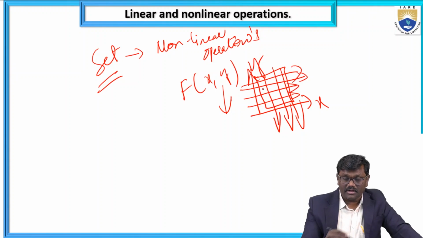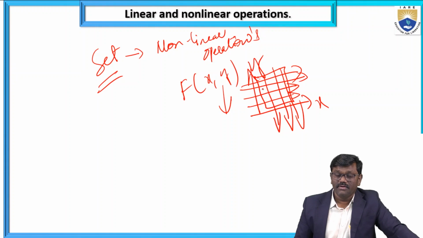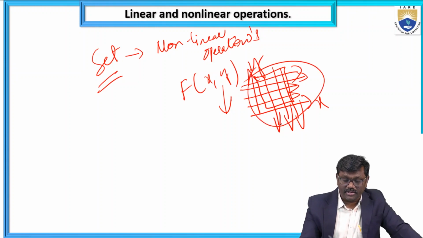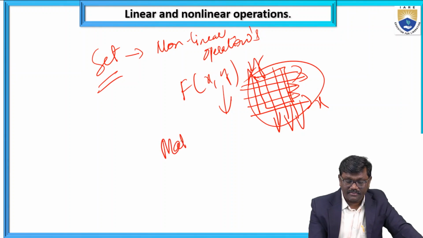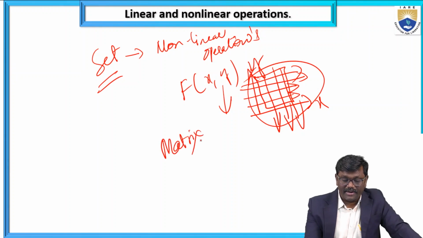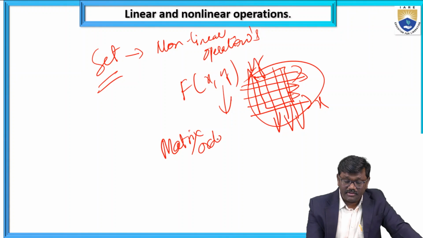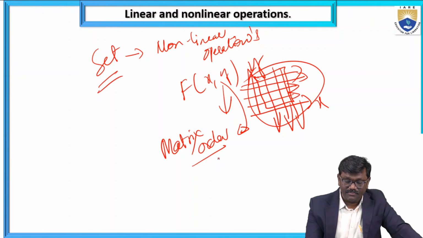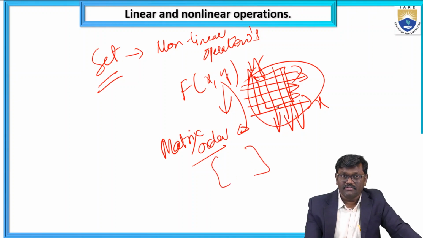Right now we consider one object function f of x comma y, and these rows and columns values we keep in matrix format. The matrix order depends upon the object values of the function. The values of the image kept in the rows and columns are at maximum m by n.